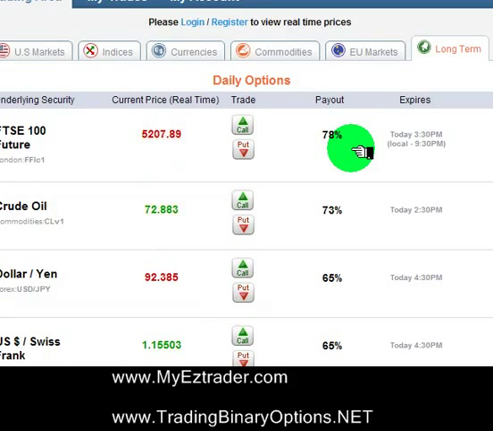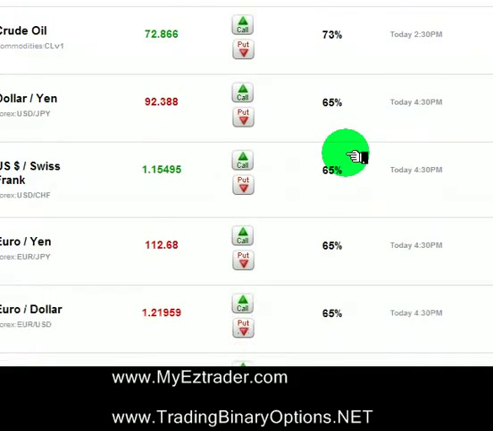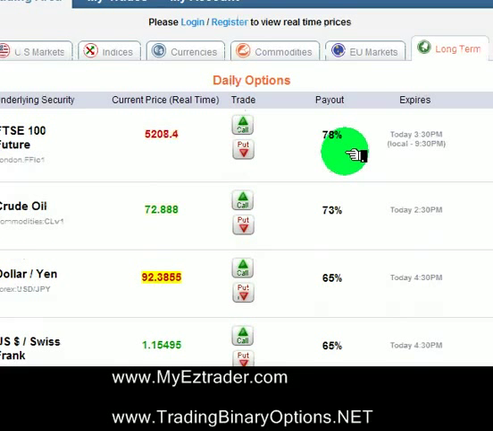So if you go to their website, and I'm just going to walk you through a quick trade, you click on the long-term tab. You can trade U.S. markets, indices, currencies, commodities, EU markets, or long-term. I want to click on long-term. Basically what long-term means is most of their trades are based on about an hour or so of trading.